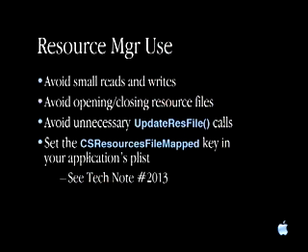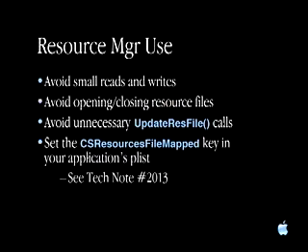Okay, the last bullet item on here is something that we added to OS X, basically a feature in the resource manager to kind of help out with these sets of problems. What we did is add a new key to your Info.plist called CSResourceFileMapped.